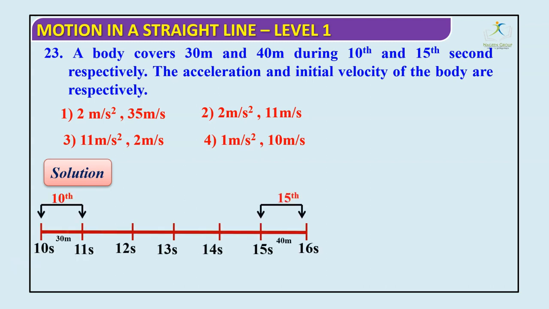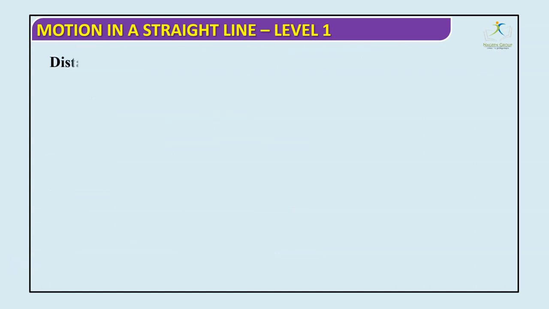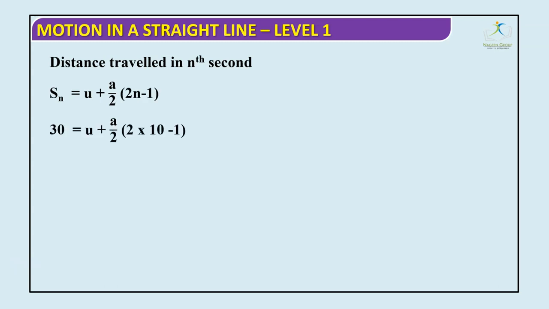So the solution is, the body covered 30 meter in the 10th second and 40 meter in the 15th second. Let the initial velocity of the body be u. The distance traveled in the nth second is Sn equal to u plus a by 2 into 2n minus 1.